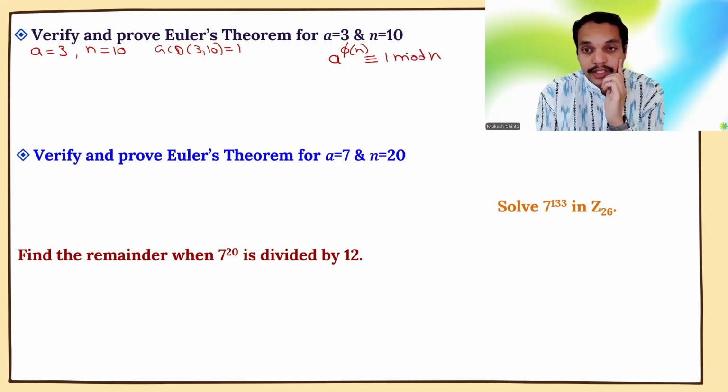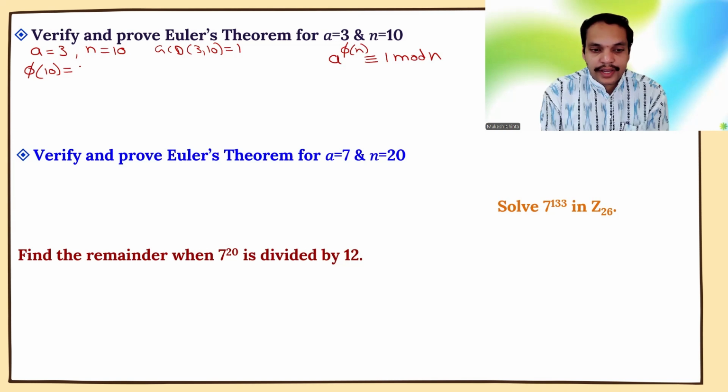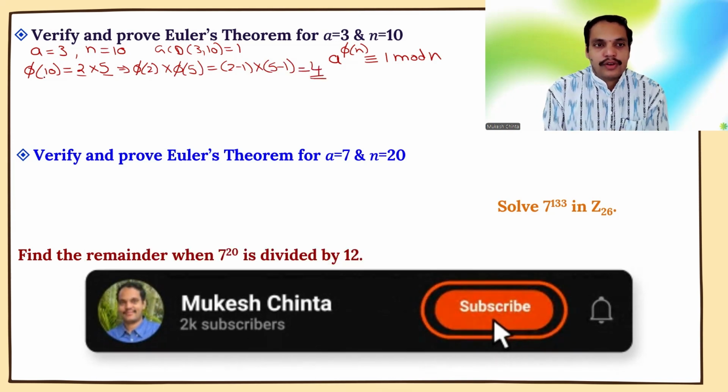Here n is 10, isn't it? So I need to calculate psi of 10. I told you psi of 10 can be calculated by breaking down 10 into 2 into 5, both prime numbers. So this can be written as psi of 2 into psi of 5, which is 2 minus 1 into 5 minus 1, which is 4. So I got the value of psi of 10.